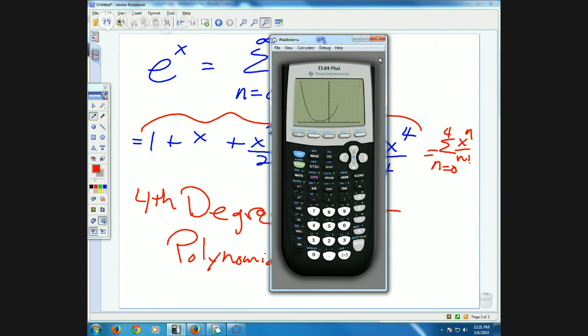It says error. And when I go to, it's like factorial. That's subsequence. That's divided by a factorial. Oh, you're closing something prematurely here.